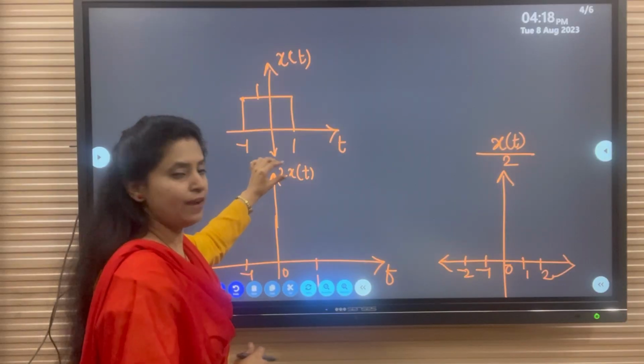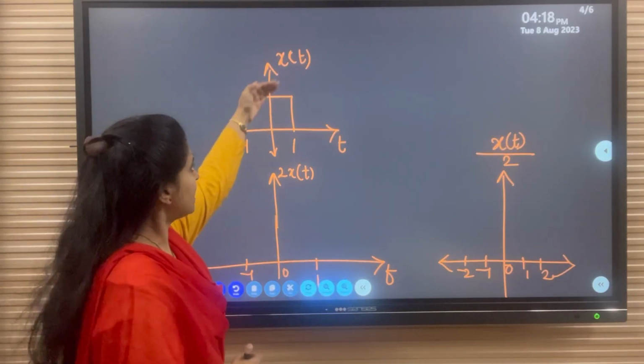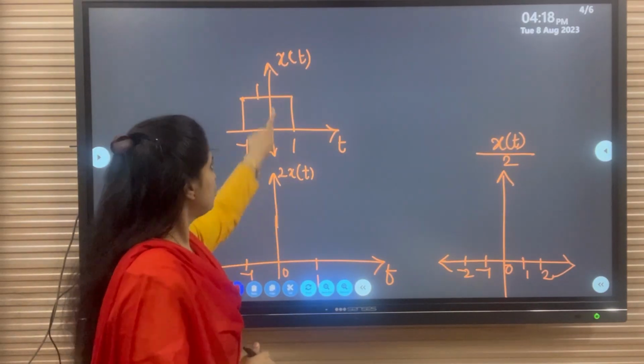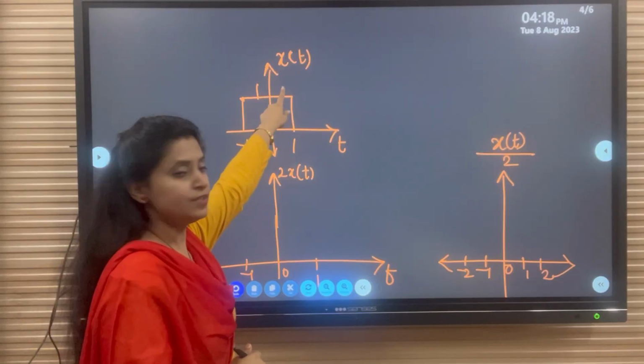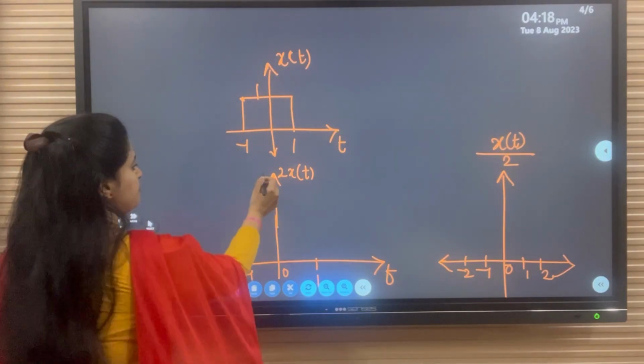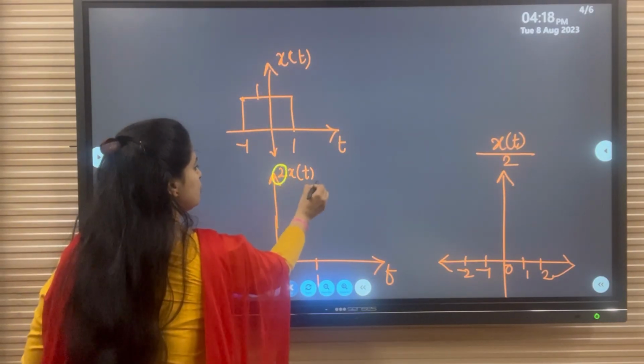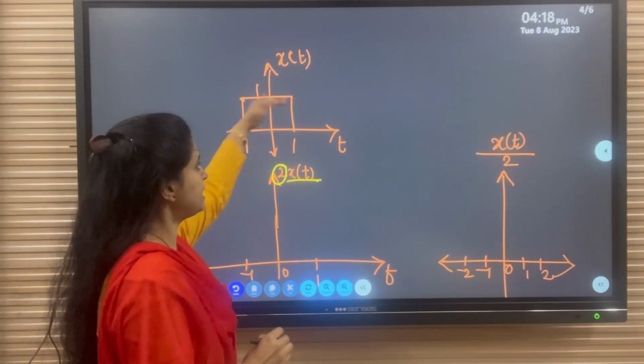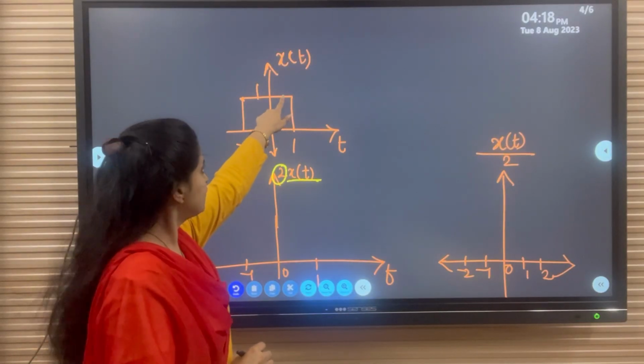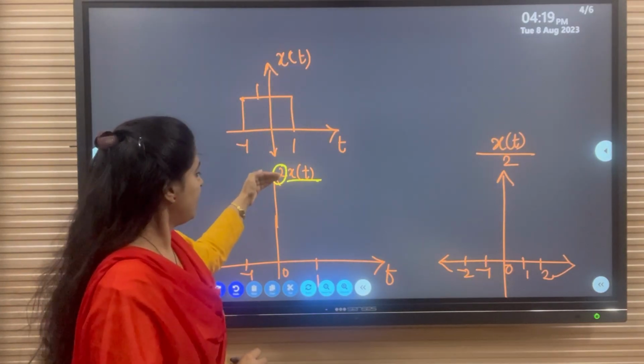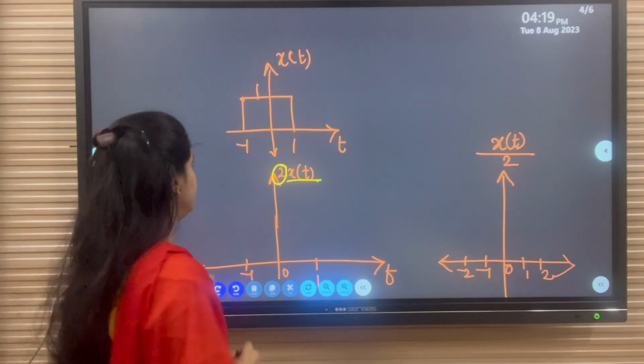With that value, the amplitude of that signal will be increased. So in case of the dependent variable, if it is given 2 into x of t, you have to multiply the amplitudes of that signal with 2 and then redraw the signal.